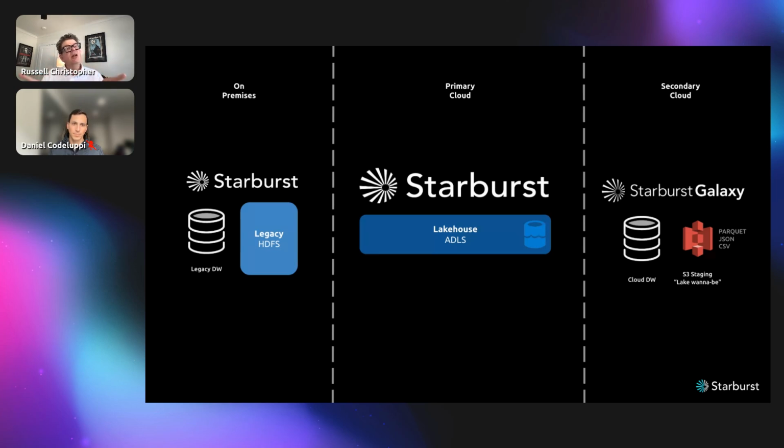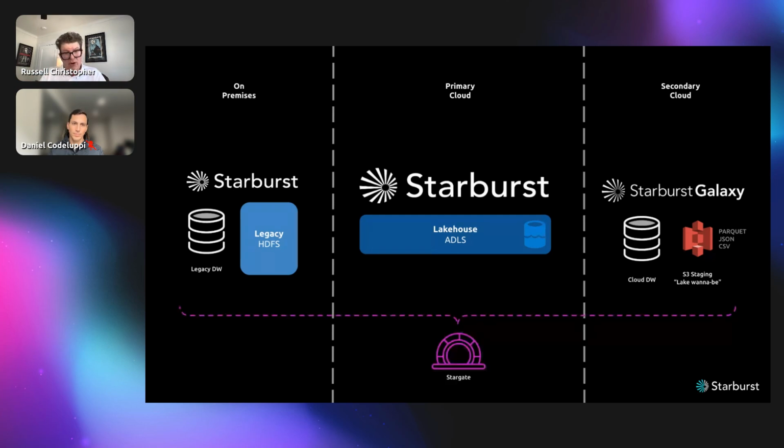Finally, you need to knit all of these environments together. And that's where we really shine. We have a capability called Stargate, which essentially allows all of the clusters, no matter where they are, to communicate with each other. And then the really important thing is governance, right? Each one of these environments might have dramatically different governance and policies and data sovereignty rules, and all of that stuff needs to be honored and obeyed by anyone who consumes the data, no matter where they are.